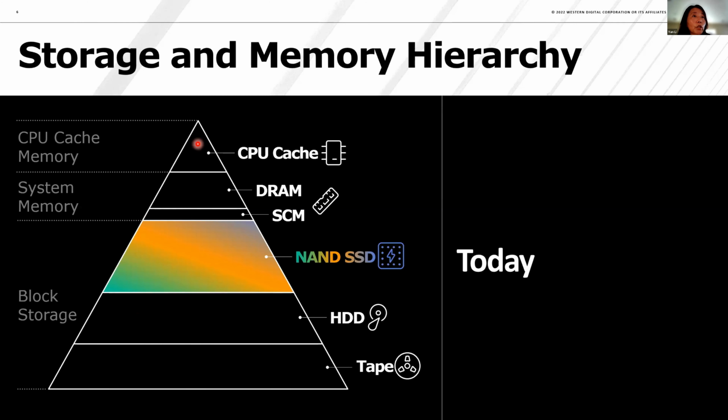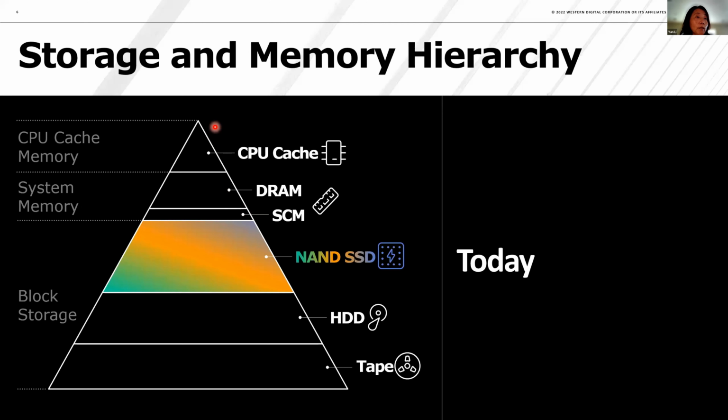The CPU cache is very close to the CPU and very expensive, so we cannot make lots of it. DRAM is second, then storage class memory like Intel's Optane. We are in the business of NAND and HDD at Western Digital. Today I'm going to talk about NAND because I work on the flash side.